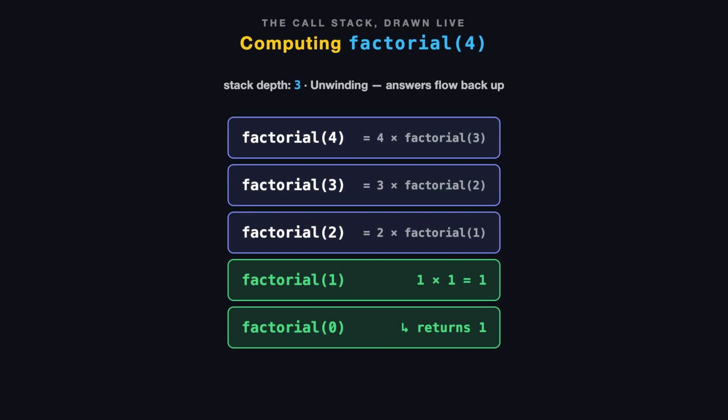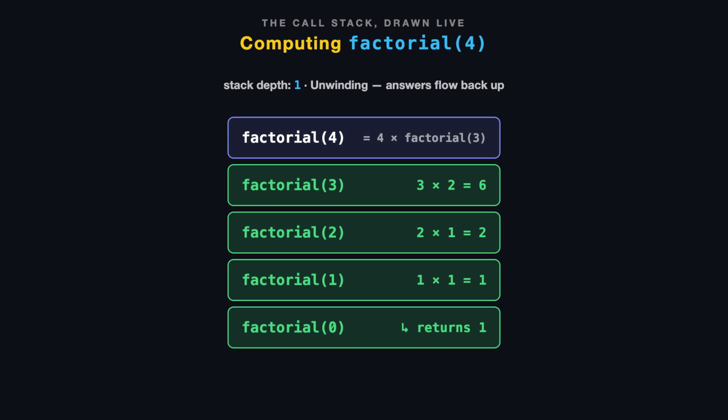Factorial of 2 computes 2 times 1. That is 2. Return 2. Pop. Factorial of 3 computes 3 times 2. That is 6. Return 6. Pop. And factorial of 4, the very first call, finally gets its answer. 4 times 6. 24. Pop the last frame.